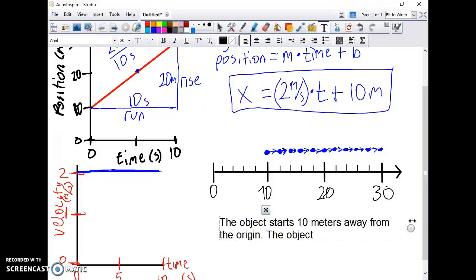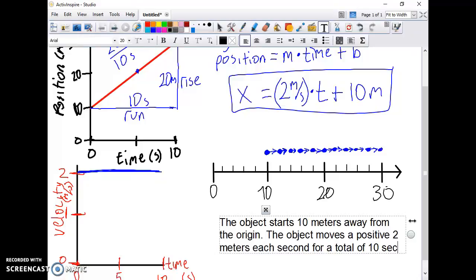The object moves a positive 2 meters each second, or the object moves with a velocity of 2 meters per second for a total of 10 seconds, right? You could say something like, until it ends 30 meters away from the origin, or for 30 seconds.